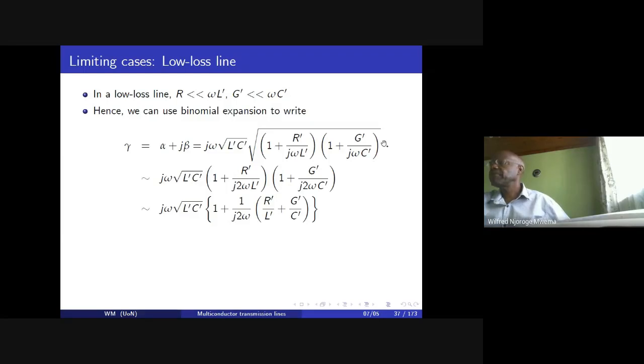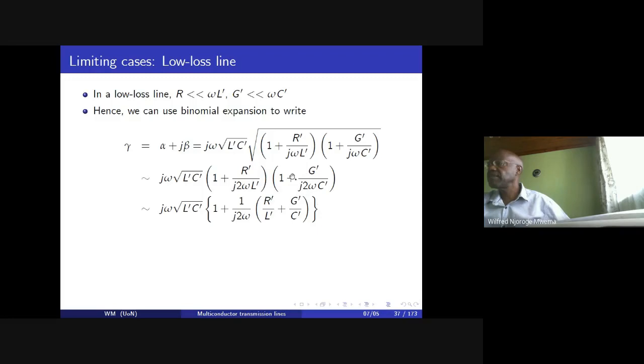And when we use binomial expansion for each of them, that is, the square root of that and square root of that, we are going to get the binomial expansion of the square root of 1 plus R prime over j omega L prime, and take only the first two linear terms, and we multiply that one by the second one, which is 1 plus G prime over j 2 omega C prime.